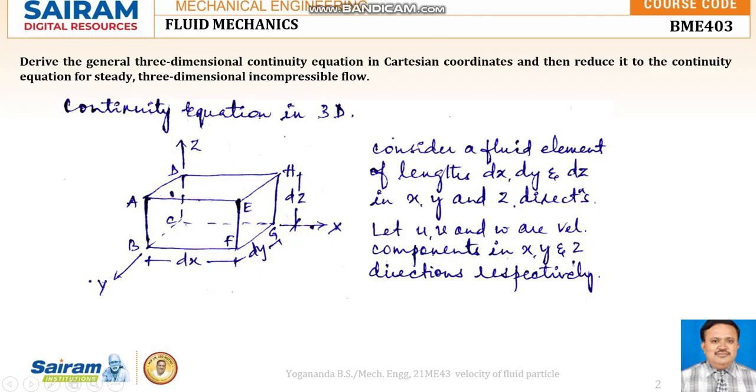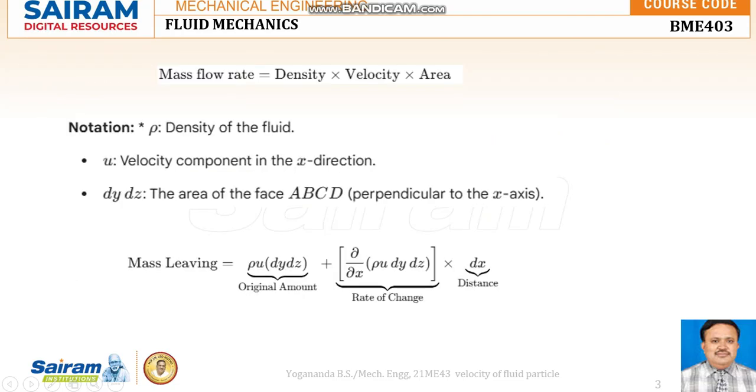So we know mass flow rate is equal to density into area into velocity. Here rho is the density of the fluid, u is the velocity component in x direction, and dy dz.